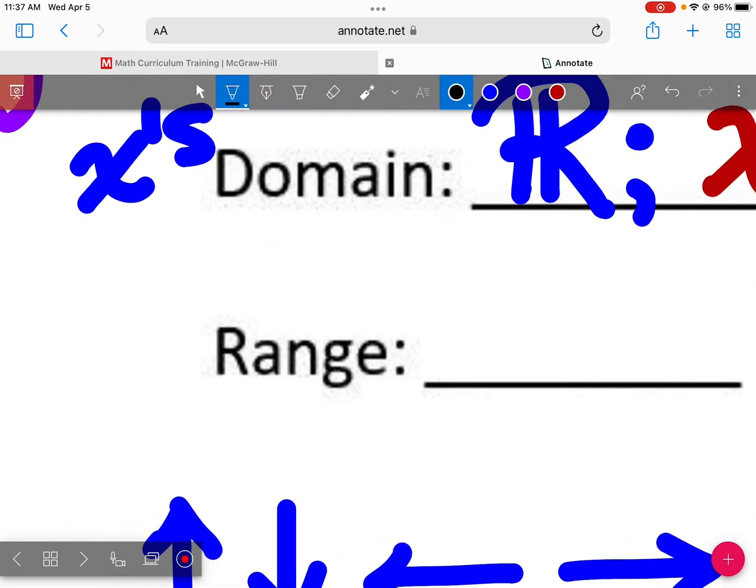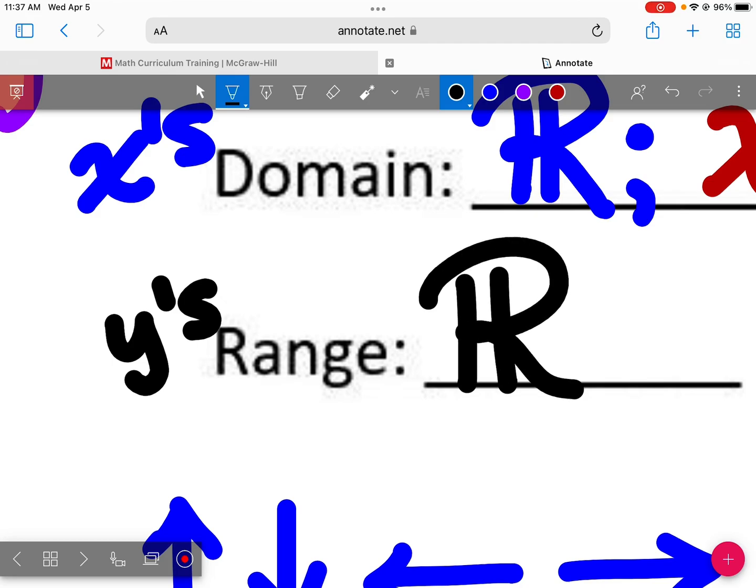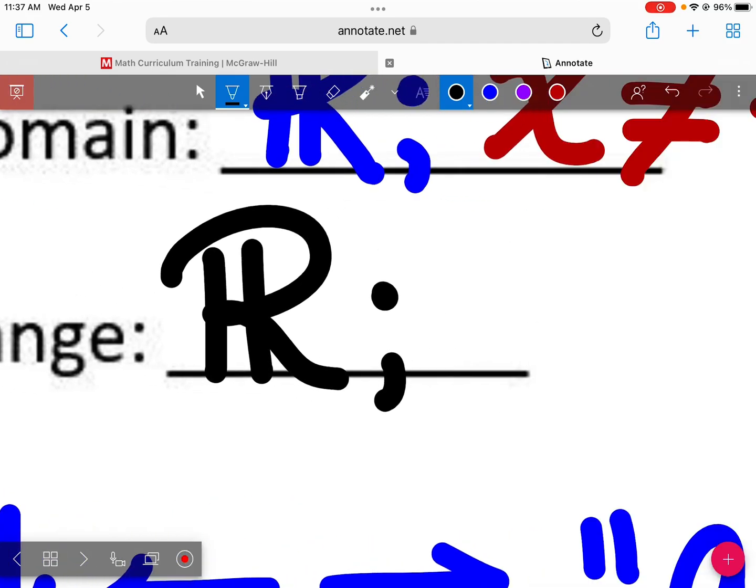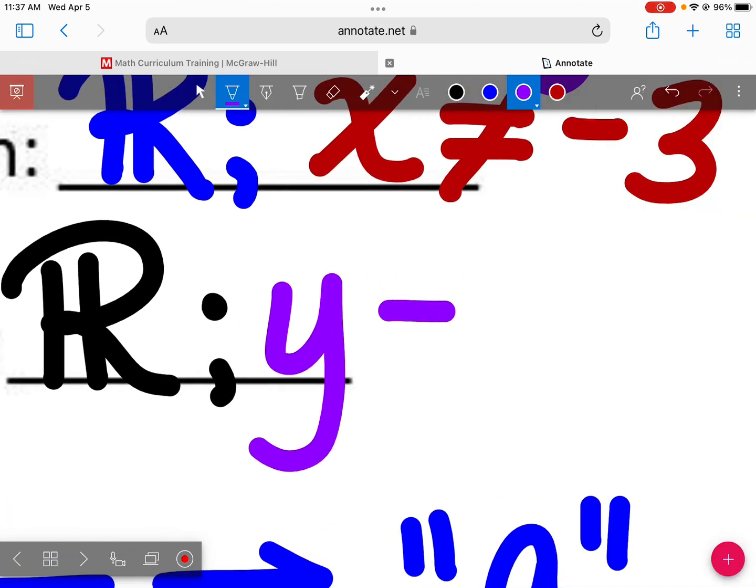Is range talking about x's or y's? These are my y's. My y's are allowed to be anything they want to be, except what? What is the one place that my y's are not allowed to touch? -4. My y's cannot touch that horizontal asymptote.